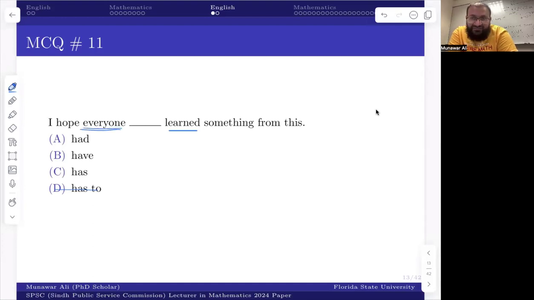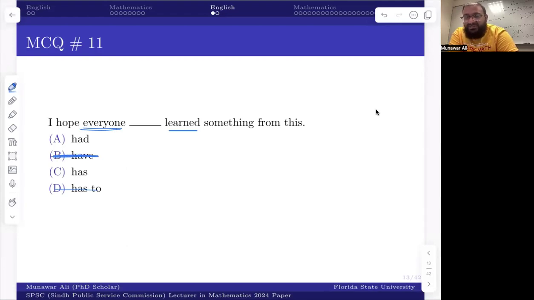And whenever we have everyone, someone, any one of you, either one of you, we have to put the singular form of the verb. It means "have" is not used here. So we are left with only two options.